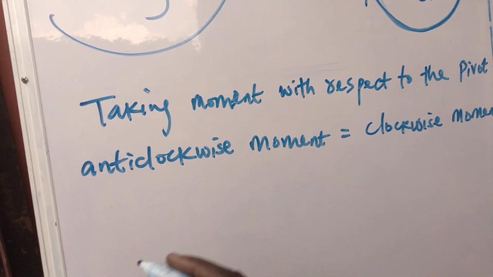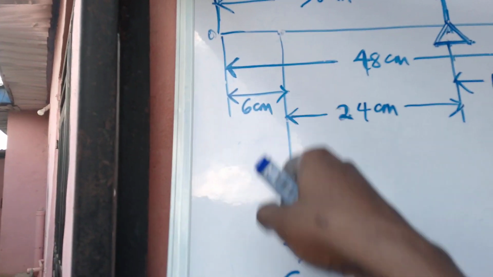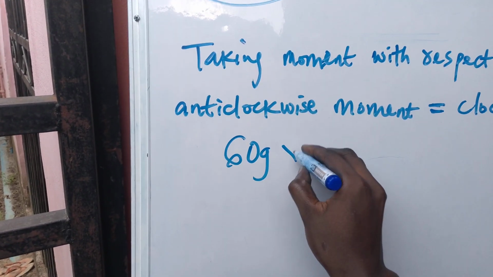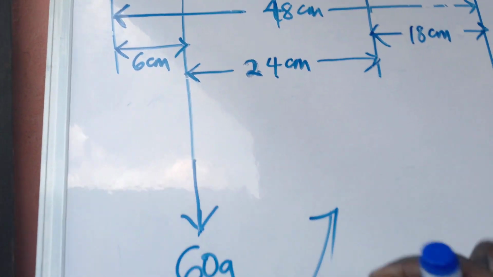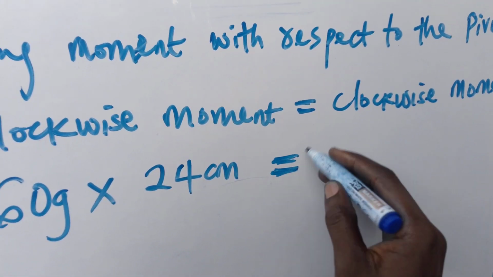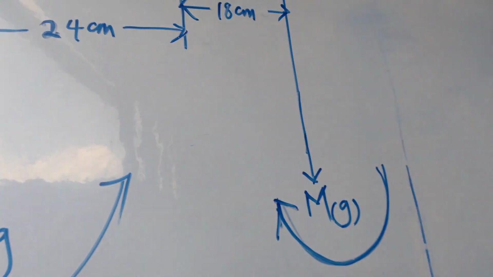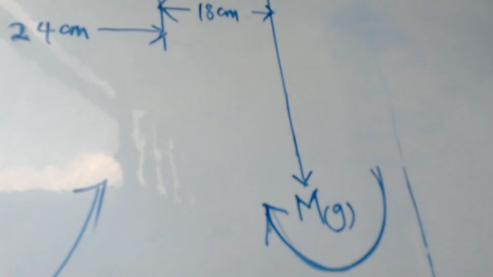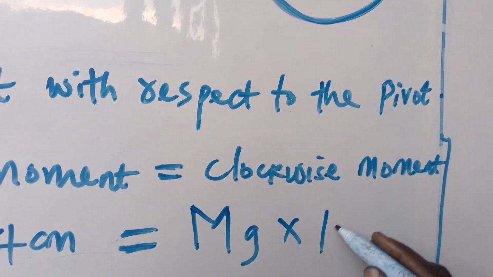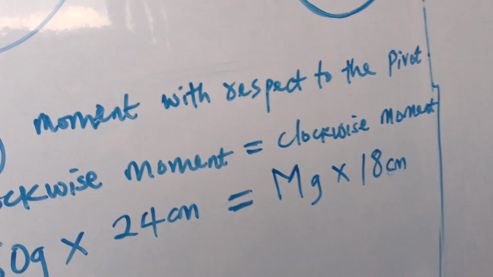So I say anti-clockwise moment equals clockwise moment, and the anti-clockwise moment there is this force times the perpendicular distance. That will be 60 gram times perpendicular distance, 24 centimeter, is equal to this other one, m gram times 18 centimeter distance.